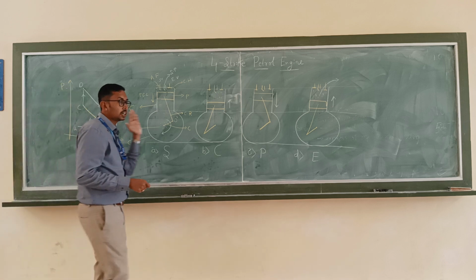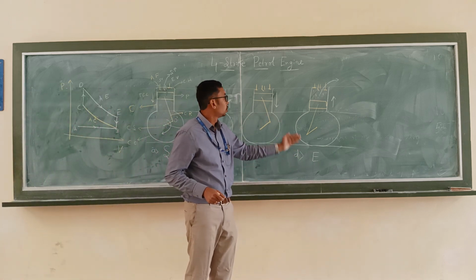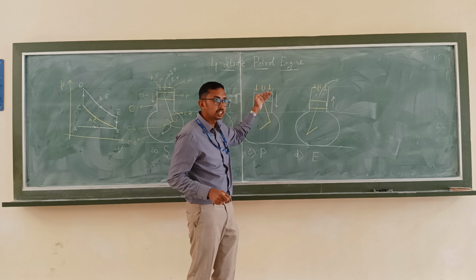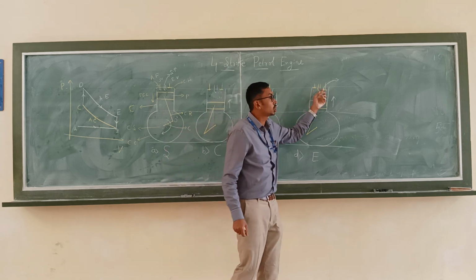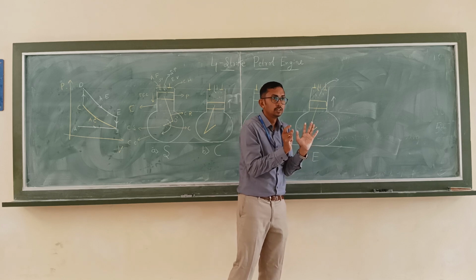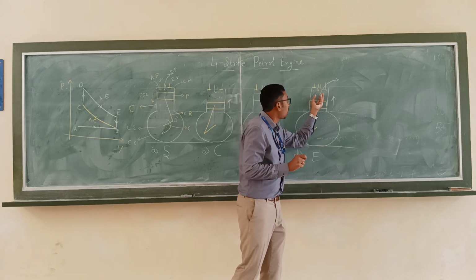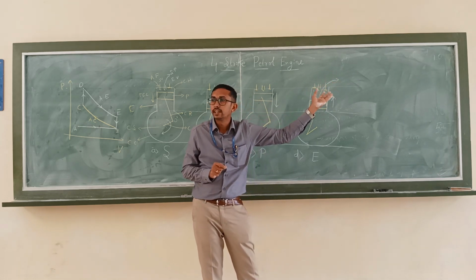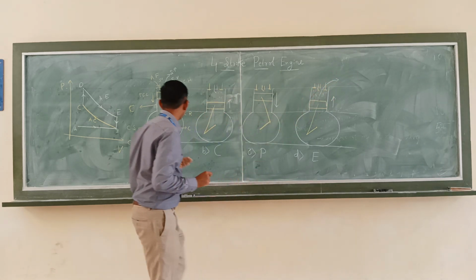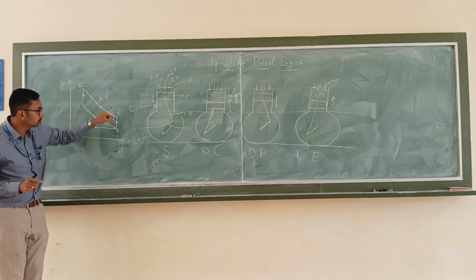So next is the exhaust stroke. When the piston just reaches the bottom dead center, the exhaust valve is going to open. Due to this, some of the hot gases are going to escape. This can be represented in the PV diagram from E to B.